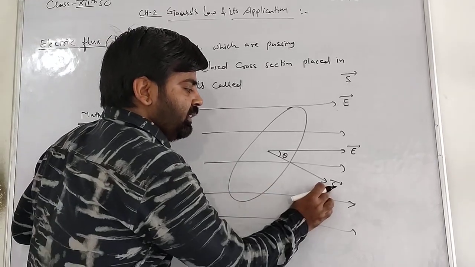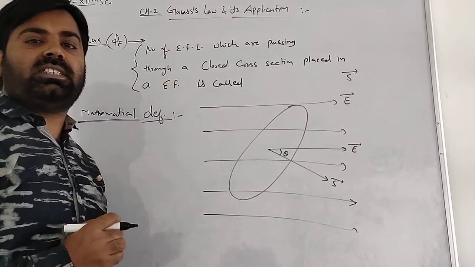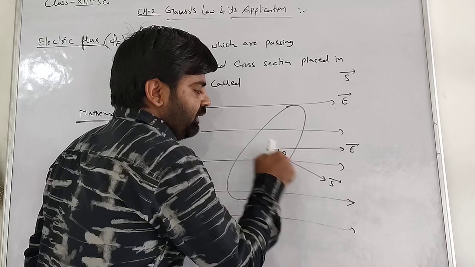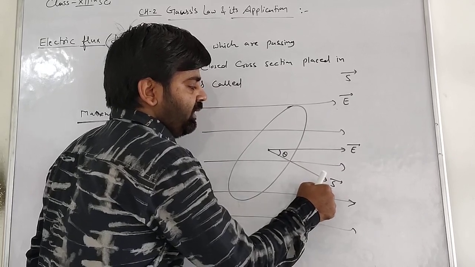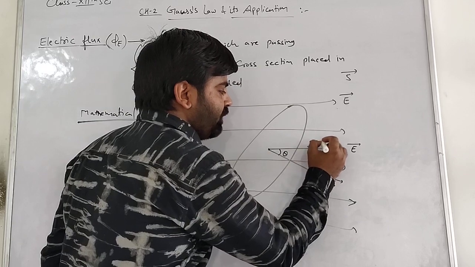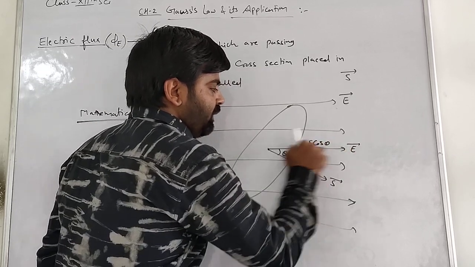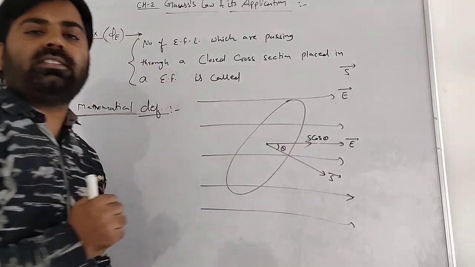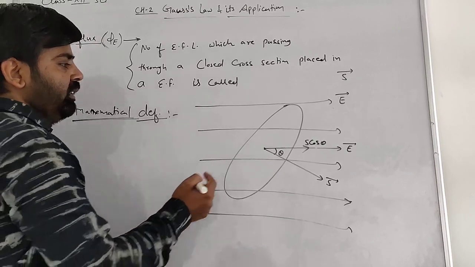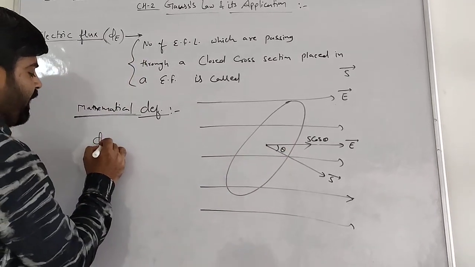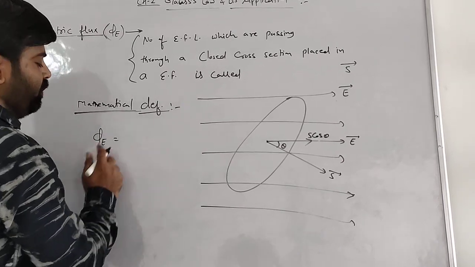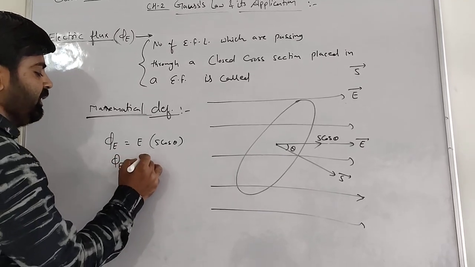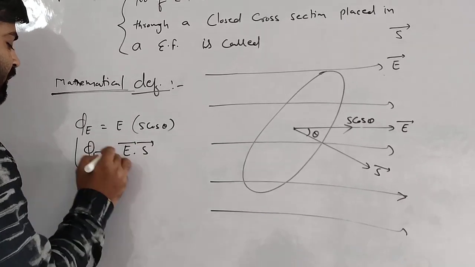Now we find the component of the cross section in the direction of the electric field. That component is S cos theta, because the horizontal component makes theta angle with the vector. So the formula is phi is equal to E S cos theta, or phi is equal to E vector dot S vector.